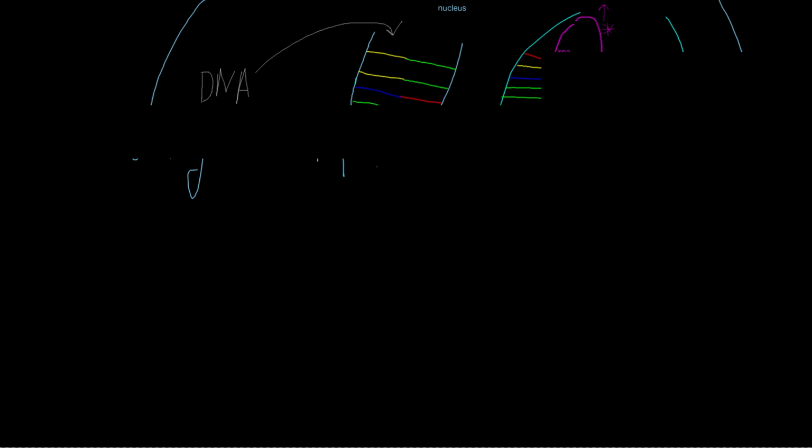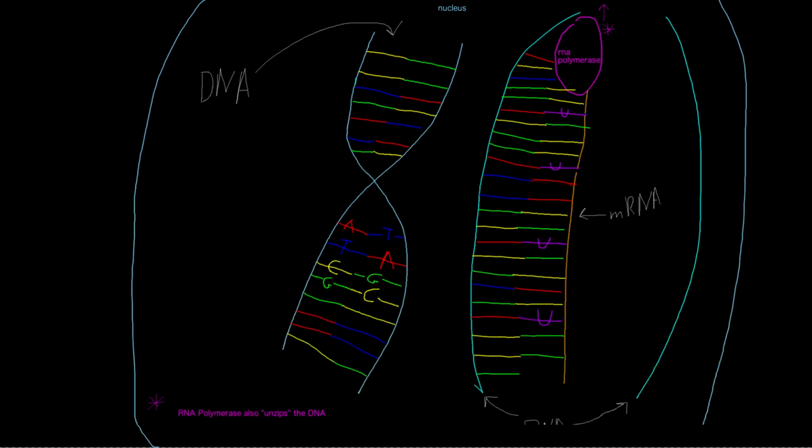So the first step of this process, as you may have gathered, is transcription. Transcription takes place in the nucleus, and inside the nucleus is the DNA, which contains all of the genetic information or genes that a cell needs in order to function. This information is stored in a sequence of bases. These bases are adenine, thymine, cytosine, and guanine, or ATCG.